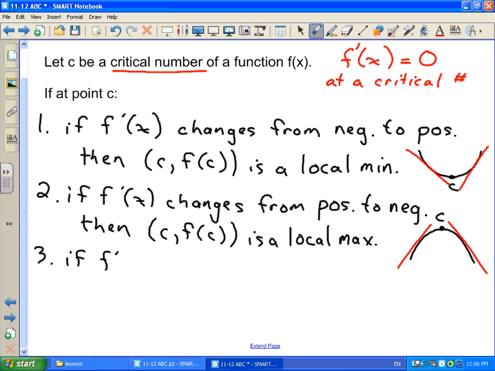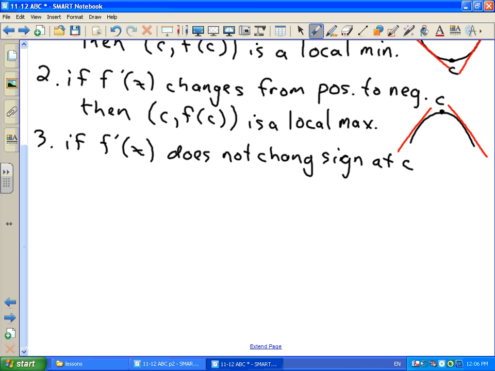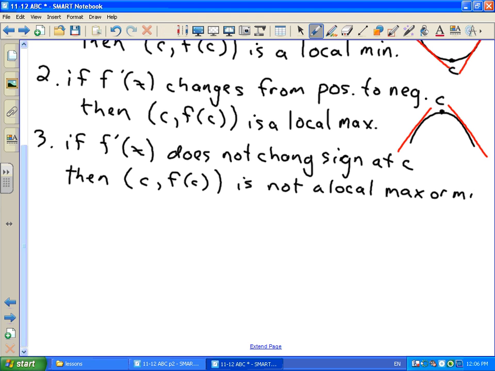If f prime at x does not change sign at c, then the point c, f at c, is not a local max or min.